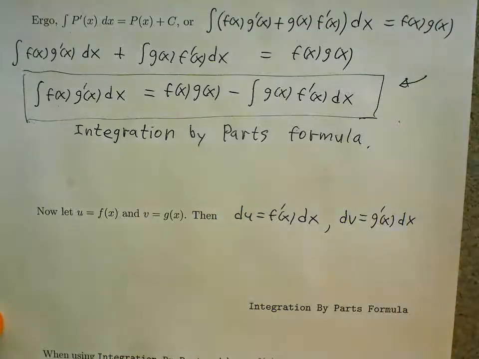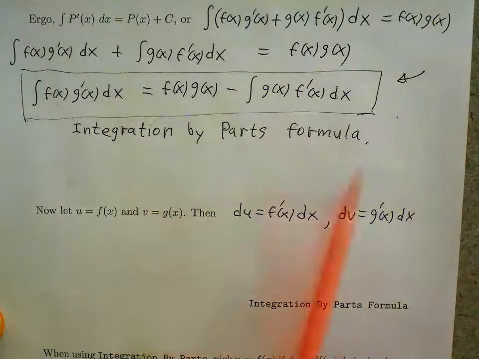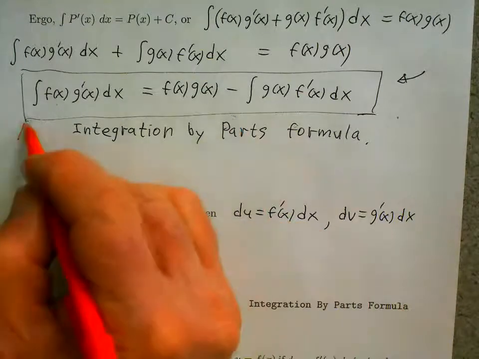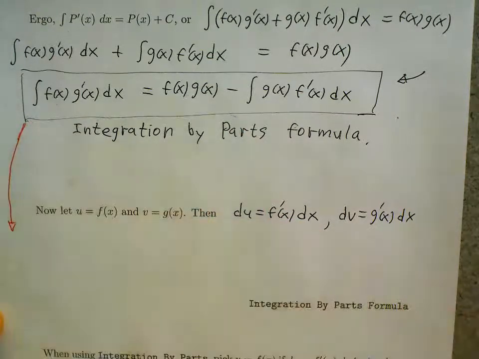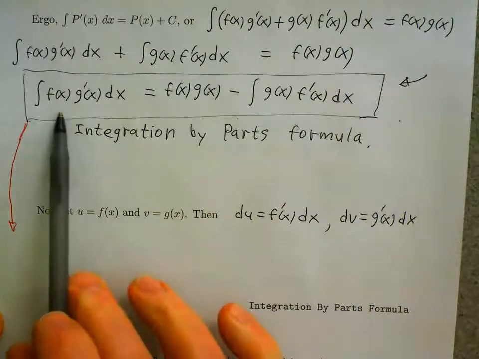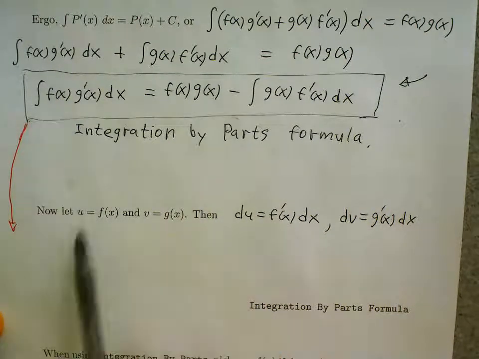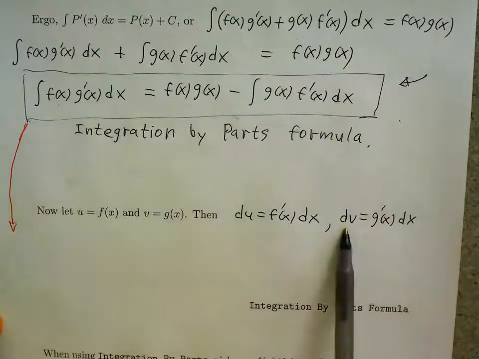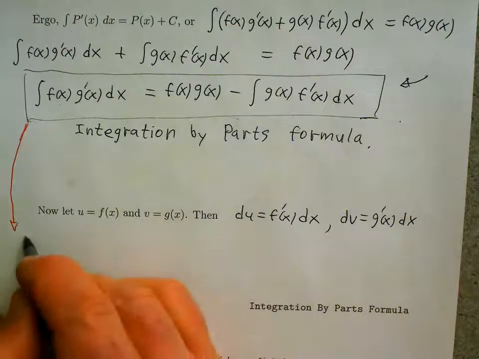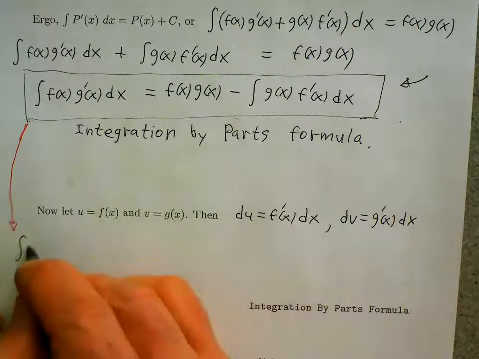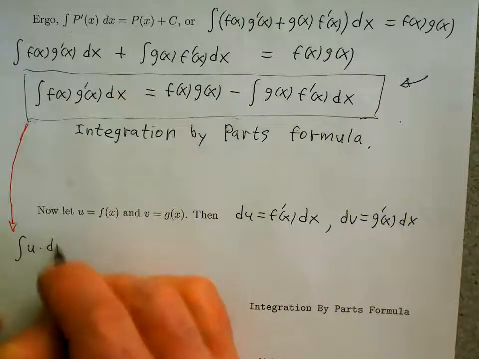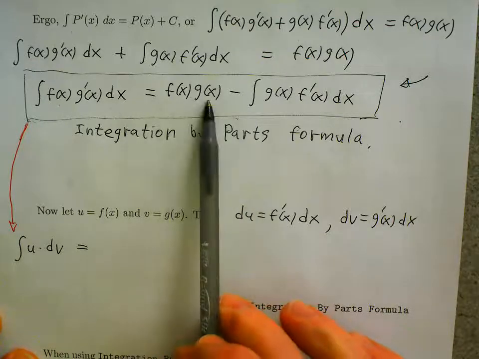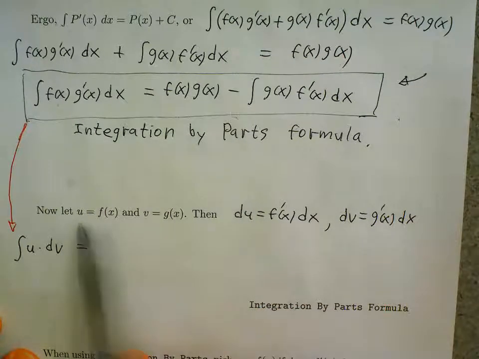Then we'll make substitutions into this integration by parts formula. Up here, we're going to replace f of x with u, and g prime of x dx with dv. So the left-hand side is the indefinite integral of u times dv. On the right-hand side, f of x times g of x is just u times v.